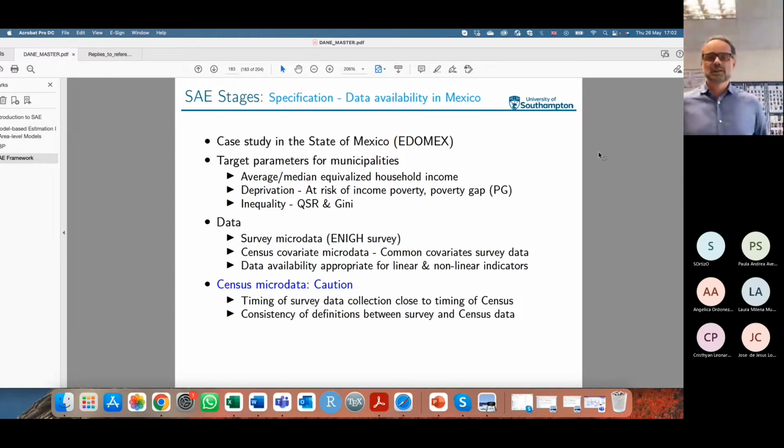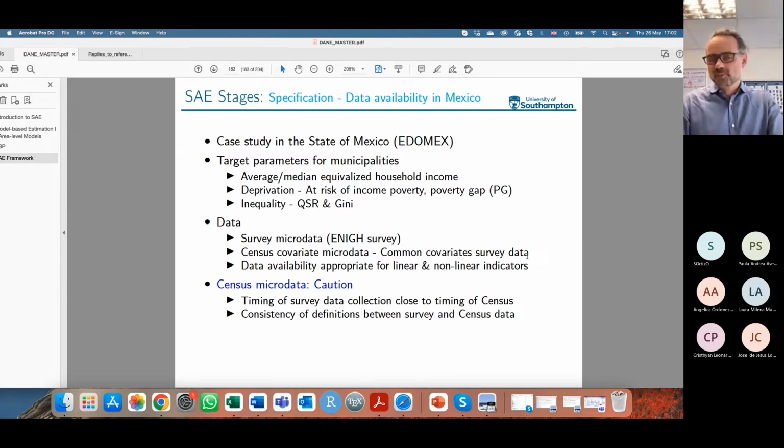And looking at these data sets and at what people are interested in estimating, the data availability seems appropriate for estimating both linear and nonlinear indicators, because you have census microdata and survey microdata. Using these data sources, you can use some kind of poverty mapping methodology in order to estimate what you want to estimate.